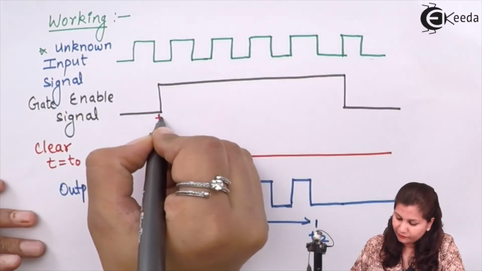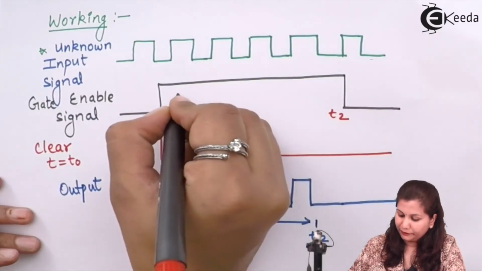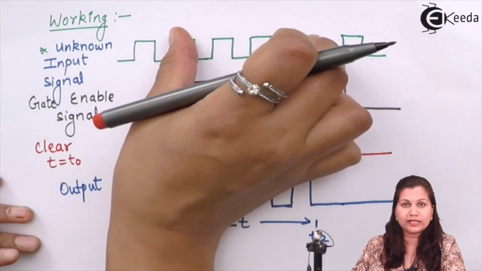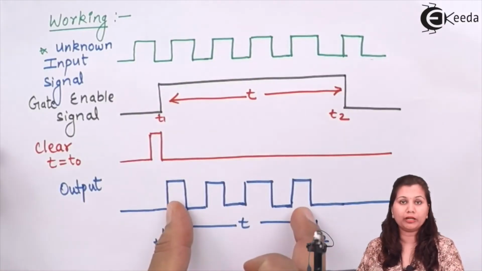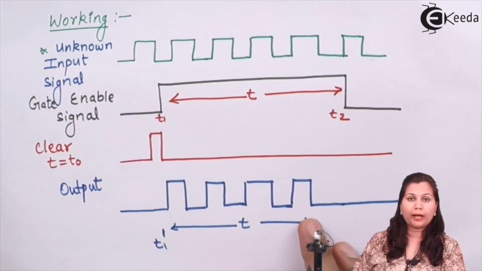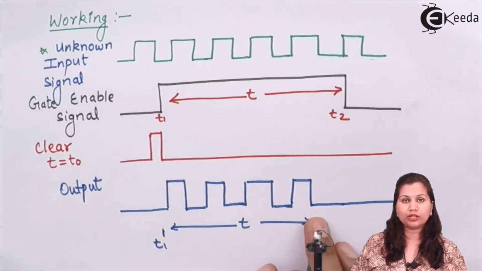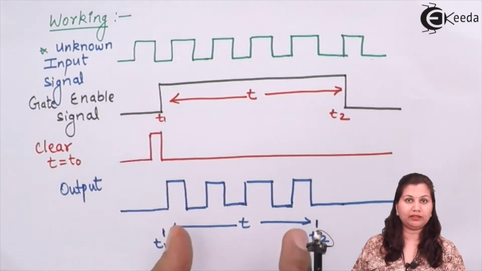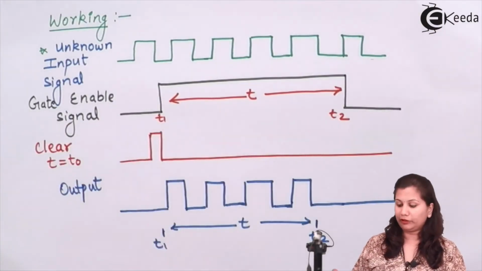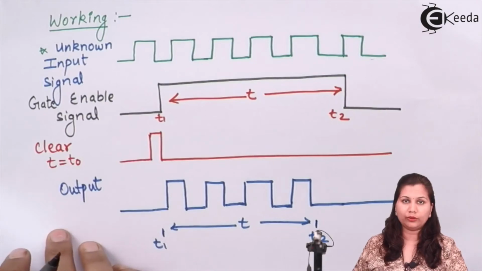So this is T1, this is T2. Between this whole time when the gate enable signal is high, whatever is the input will be the output and the counter will start counting these pulses. So the number of pulses which have passed through the counter during this time interval T2 minus T1 will be the frequency of the unknown signal.